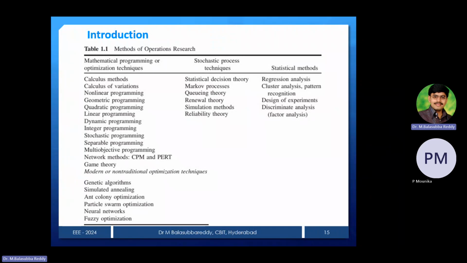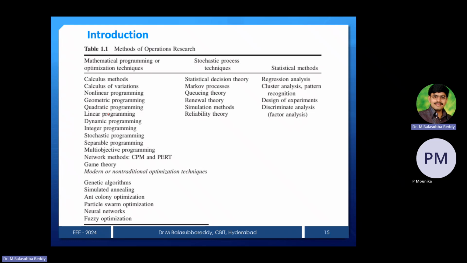We'll see today classifications of optimization methods. Before going to that, there are different methods. You can observe in this table they have given different kinds of conventional as well as modern techniques.